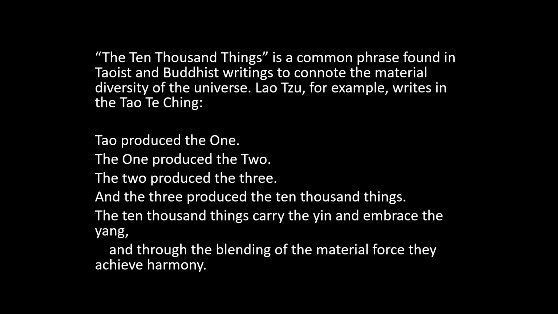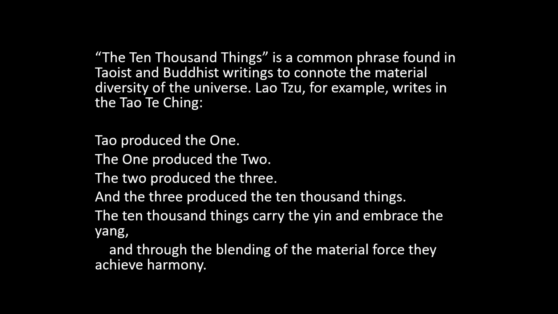So chapter 42 of the Tao Te Ching says, the 10,000 things is a common phrase found in Taoist and Buddhist writings to connote the material diversity of the universe. Lao Tzu, for example, writes in the Tao Te Ching. So here it is, a section of chapter 42. Tao produced the one, produced the two, produced the three, and the three produced the 10,000 things.